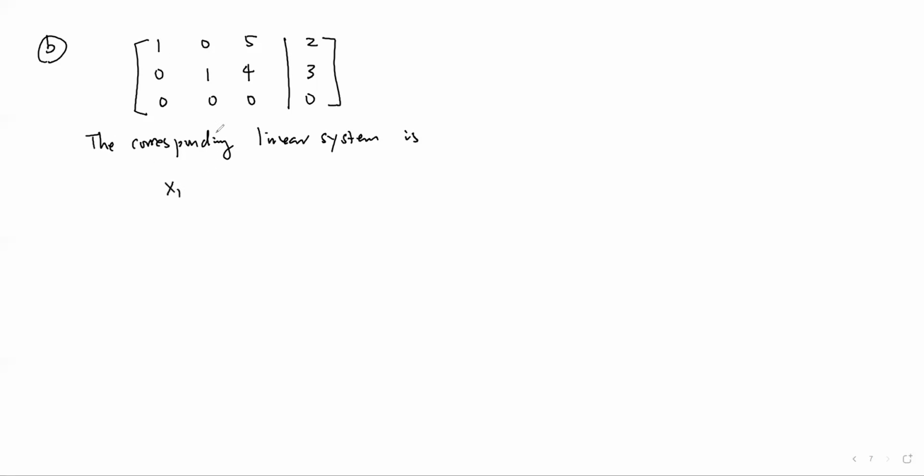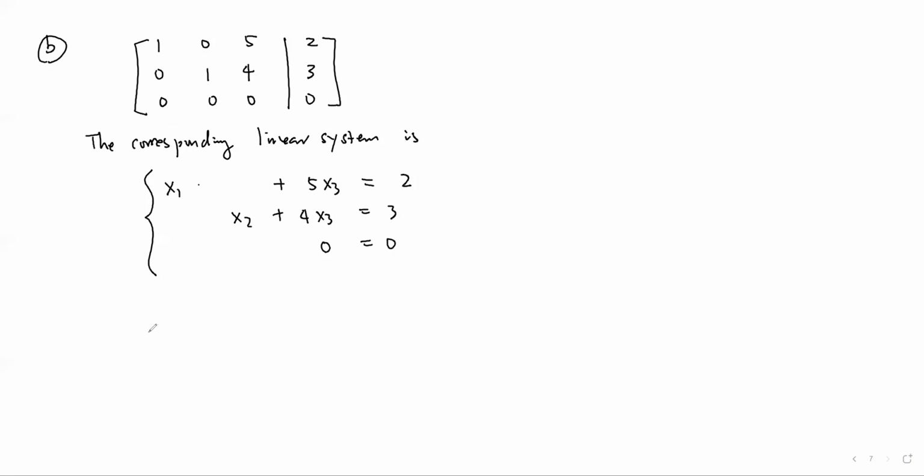So x1 plus coefficient of x2 is 0, so zero x2, then plus 5x3 is equal to the right hand side. Second row is this equation. A third row, this equation. This is the linear system corresponding to this reduced echelon form.